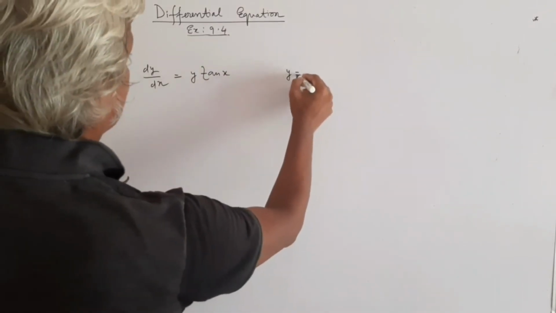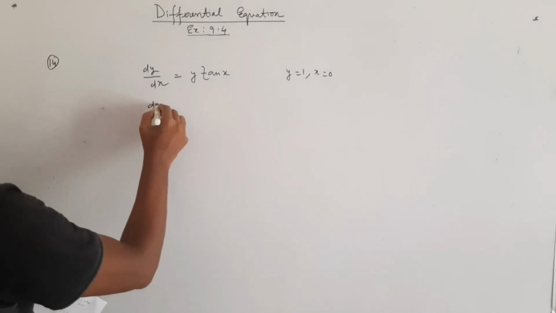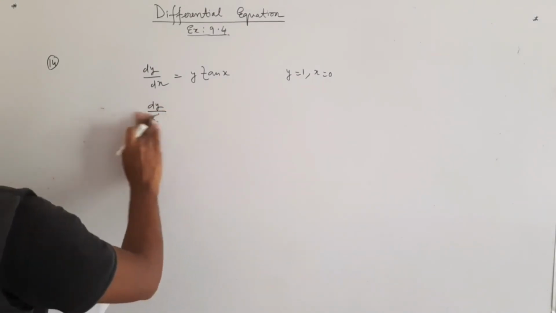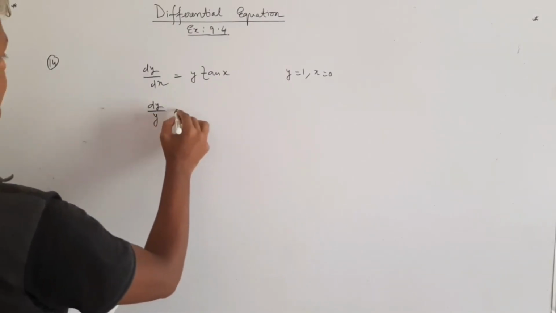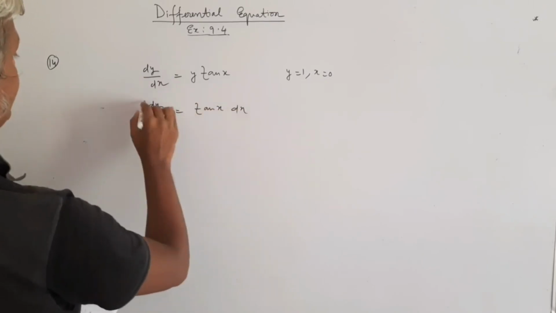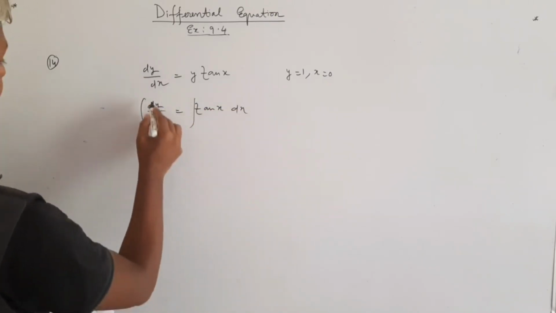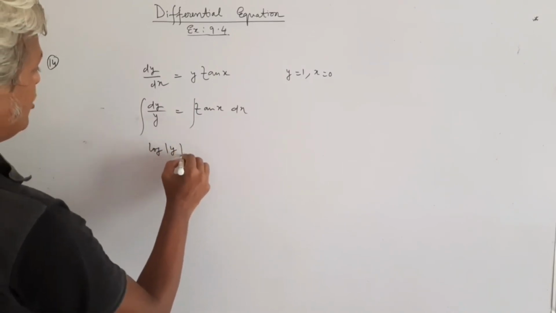Now we have dy over dx as y tan x, and y is 1 when x is 0. Okay, so I take this y down, so dy over y is tan x dx. Now integrate. What is the integration of 1 over y dy? That is log mod y.